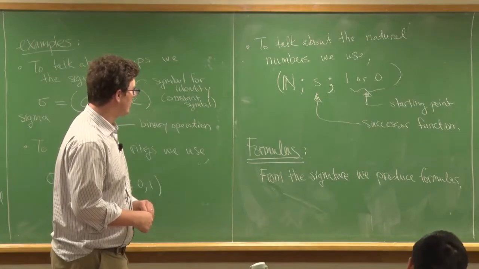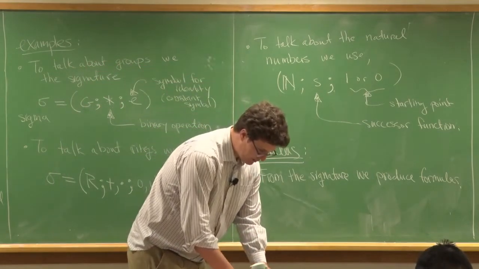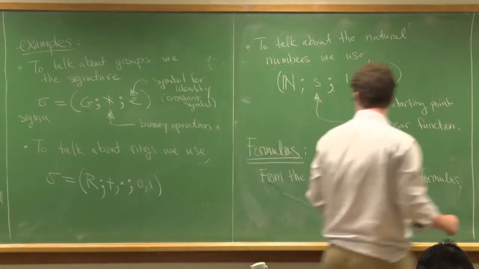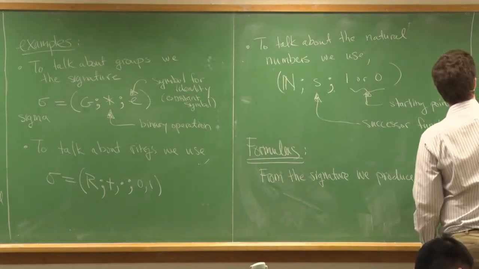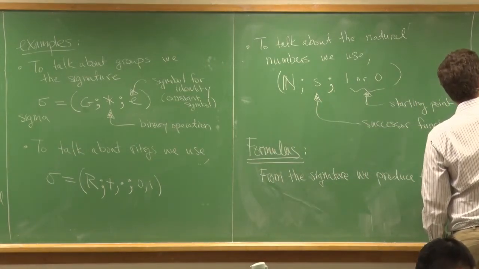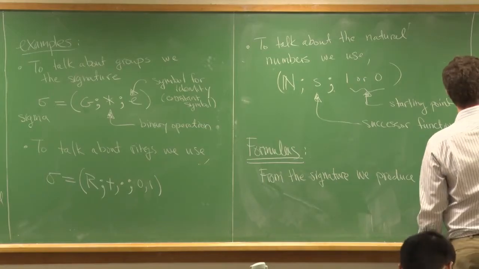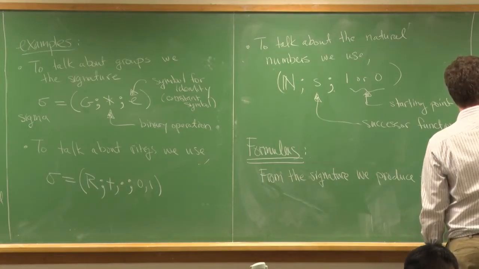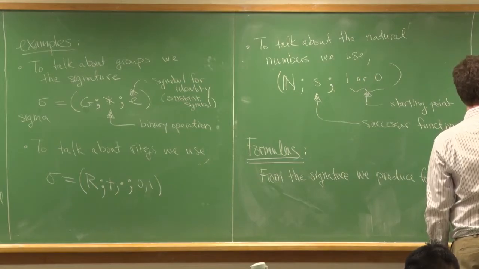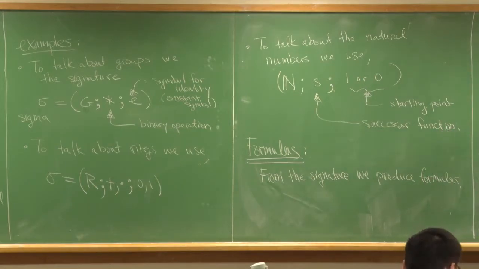Let me just give you the idea. So in the signature, we could have something like the group with the group multiplication and then the identity axiom. And then from that, we could produce formulas.